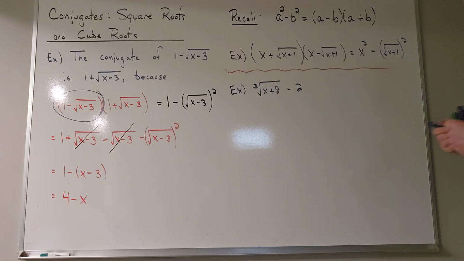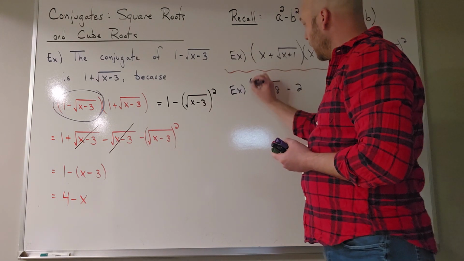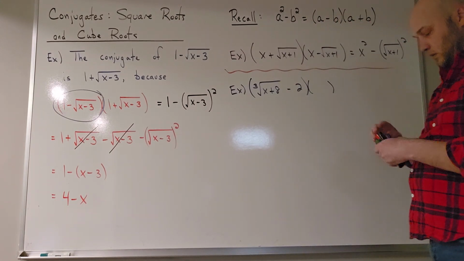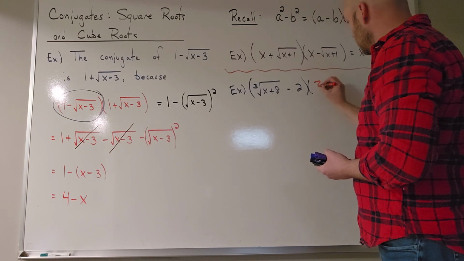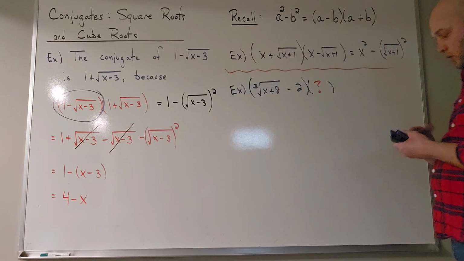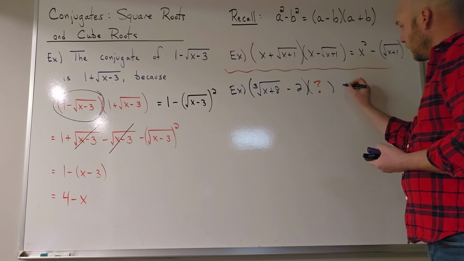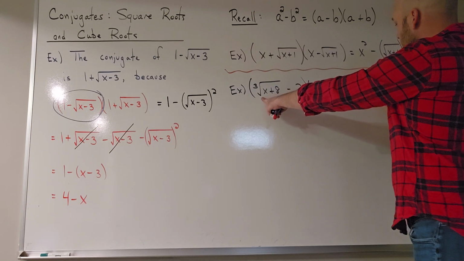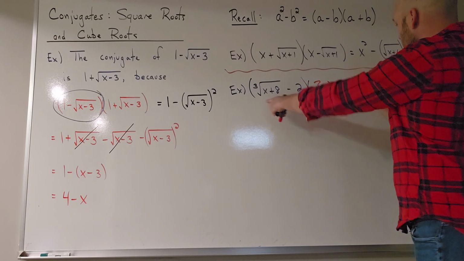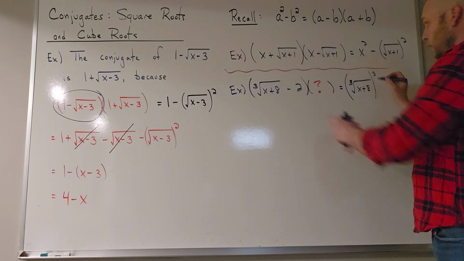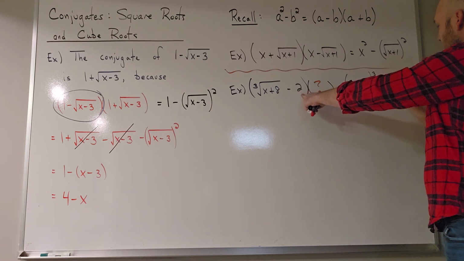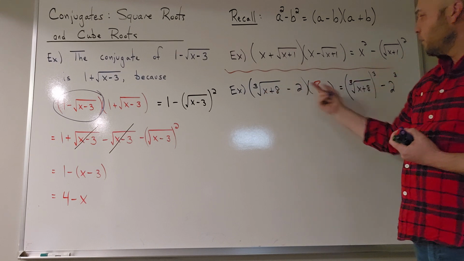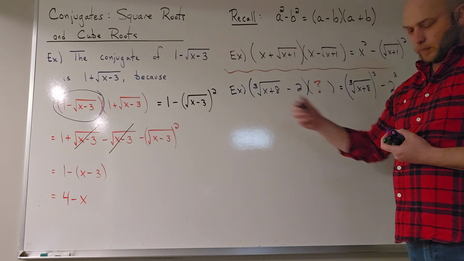Well, I want to be able to multiply by something so that I can take this and eliminate the radical by taking it to the third power. And then I have a minus 2, which would also end up being to the third power as well. So how do I multiply by something to eliminate this radical?